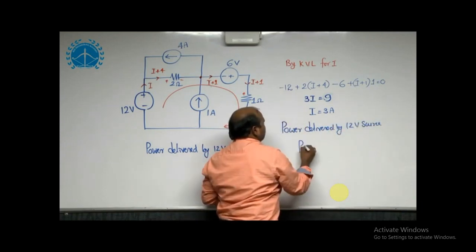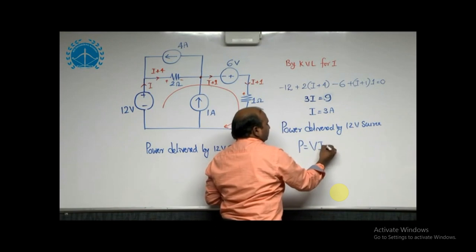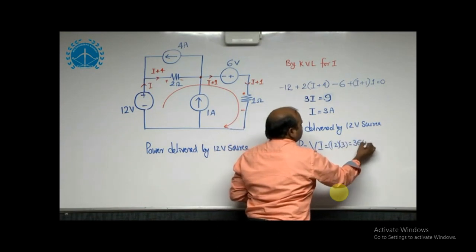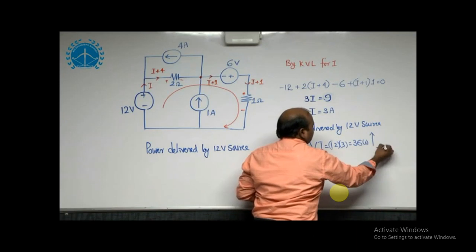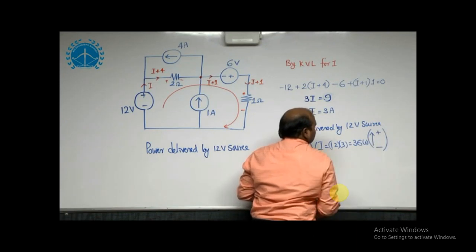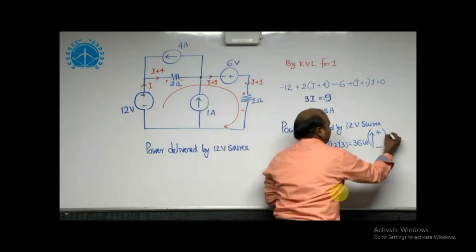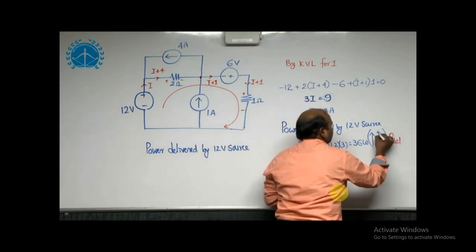P is equal to the product of voltage and current, which is 12 into 3, 36 watts. The delivering current convention is from negative to positive, that's why you can take it here as power delivered according to the current convention.